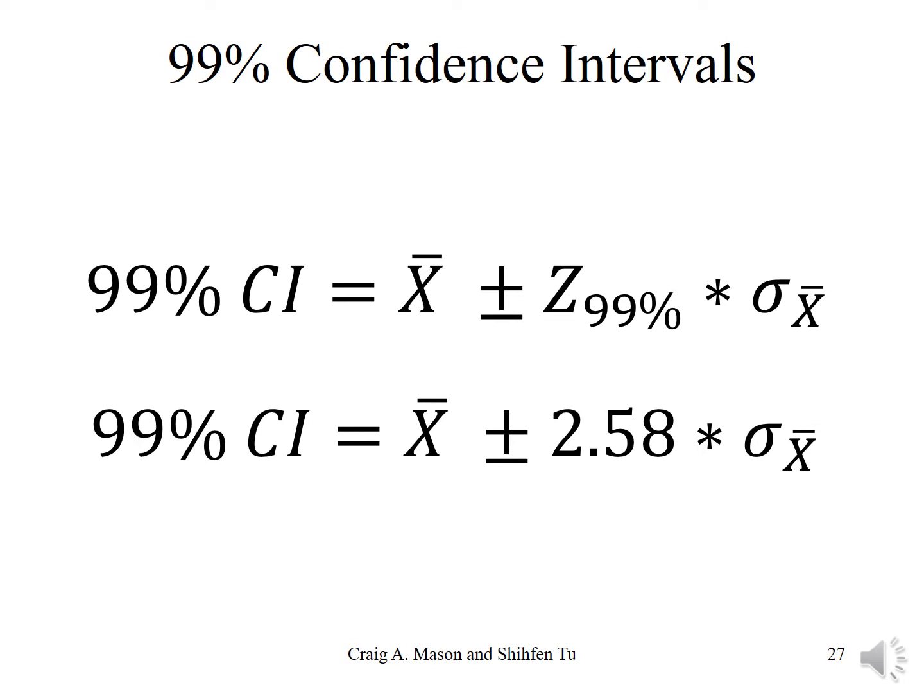And again, we see the same synchrony between the 99% confidence interval and in this case an alpha of 0.01. If alpha is 0.01 and the 99% confidence interval contains the null value, you'll fail to reject the null. On the other hand, if alpha is 0.01 and the 99% confidence interval does not contain the null value, you'll reject the null.